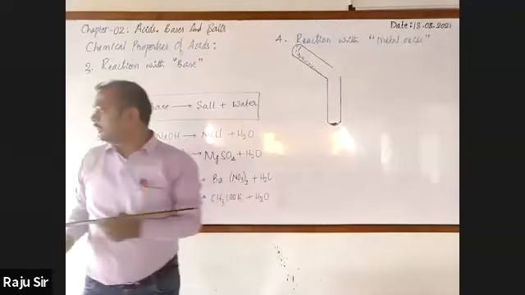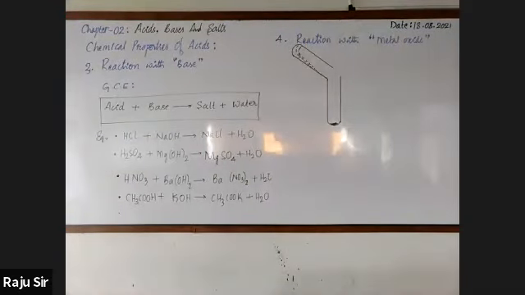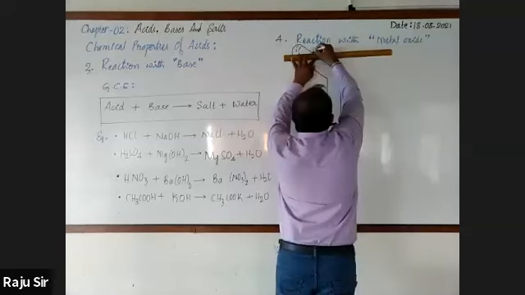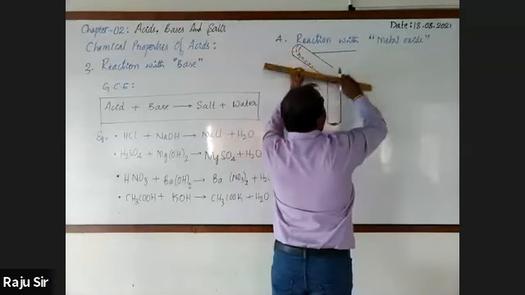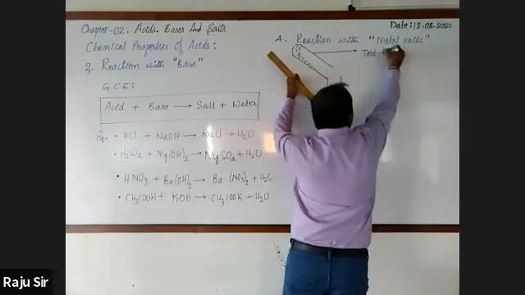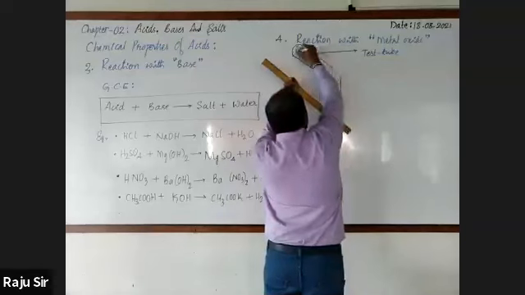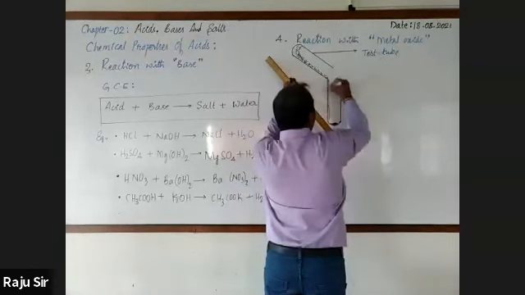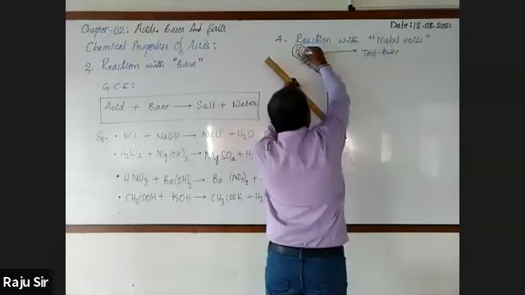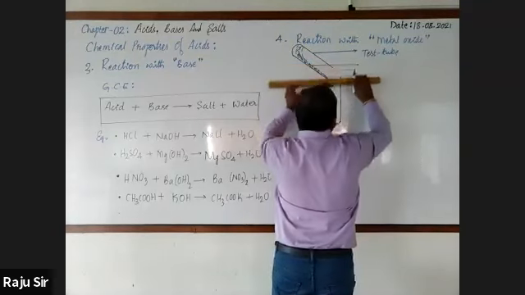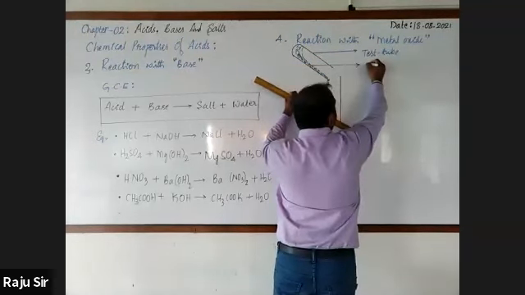Let's go for labelling. What is this? HCl test tube. Then name the acid that we have taken. Dilute HCl, dilute hydrochloric acid.